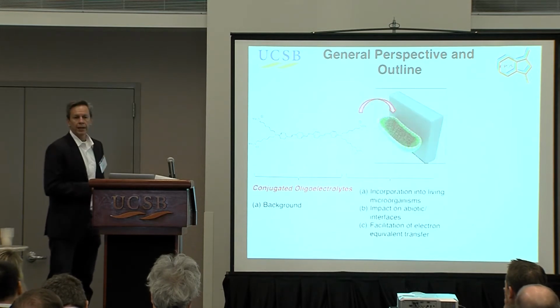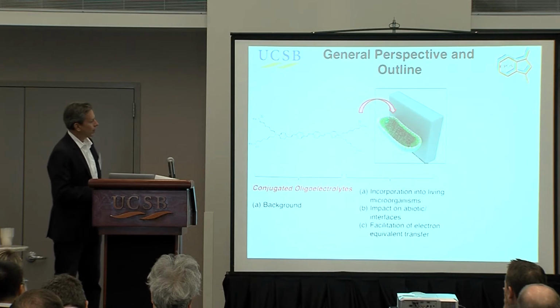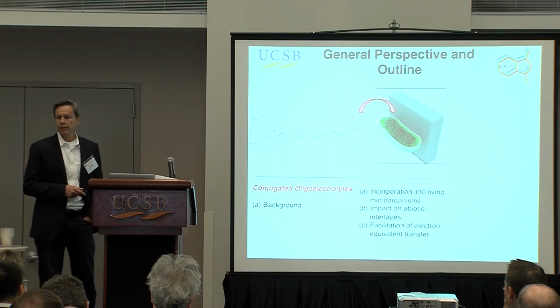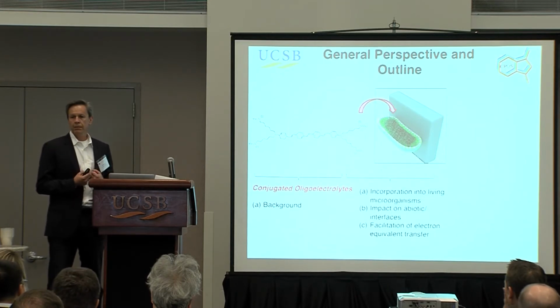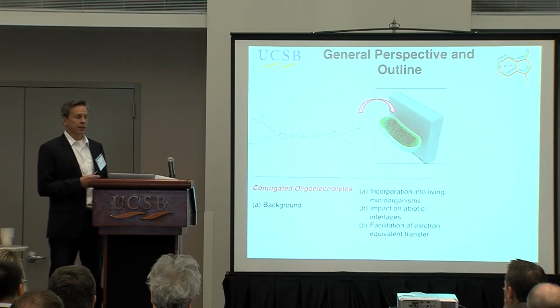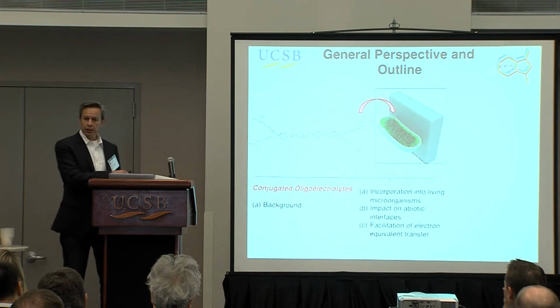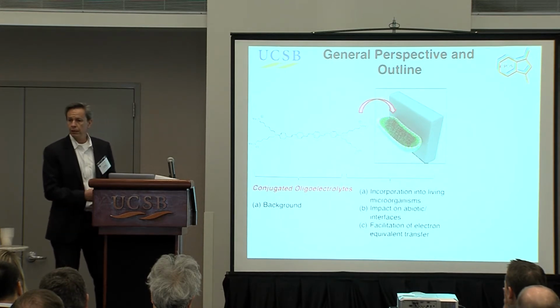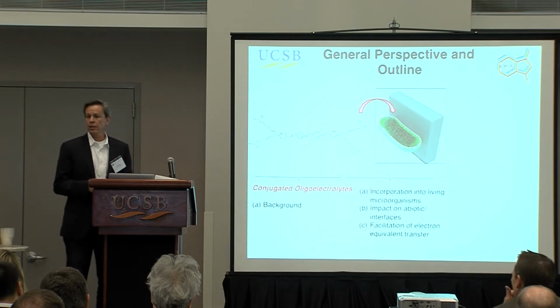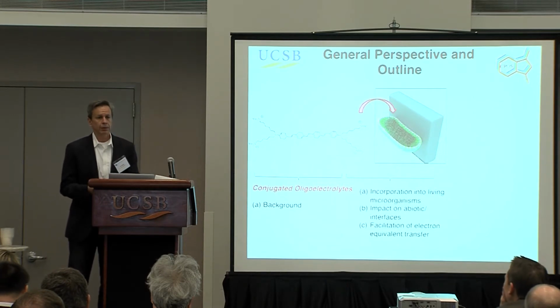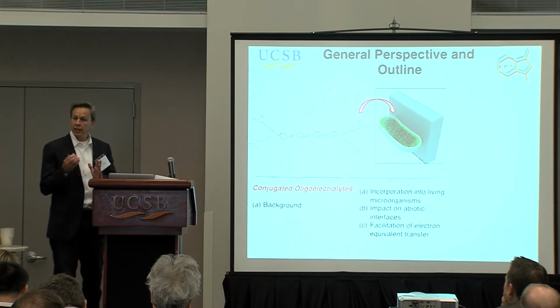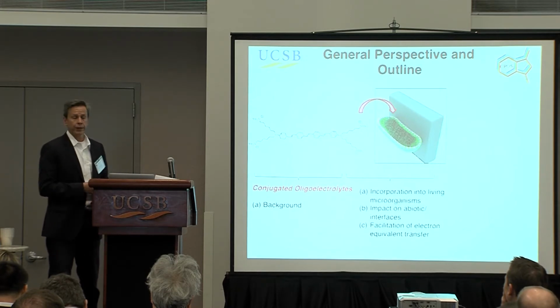When they insert in the membrane of a microorganism, the way that microorganism can relate to an external surface, like an electrode, changes considerably. It's possible to remove electrons from the microbe. It's easier to put electrons into the microbe and, for example, stimulate metabolism. I'll show you that.